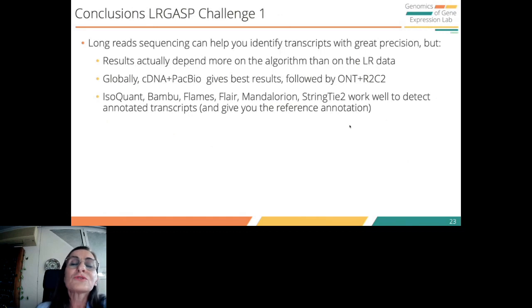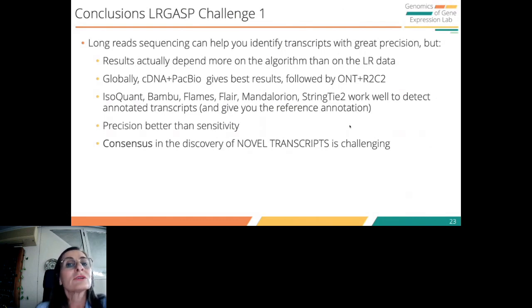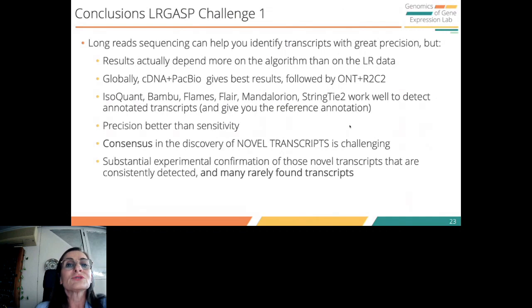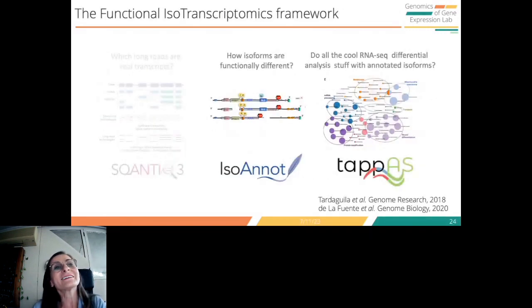There were quite a number of tools that were okay. As I mentioned, precision is better than sensitivity, especially for the novel transcripts, which are challenging to identify. And we were surprised that many of these novel transcripts were actually identified, even if they were detected in very few pipelines and very few cases. Okay, so that's the conclusion of this benchmark.